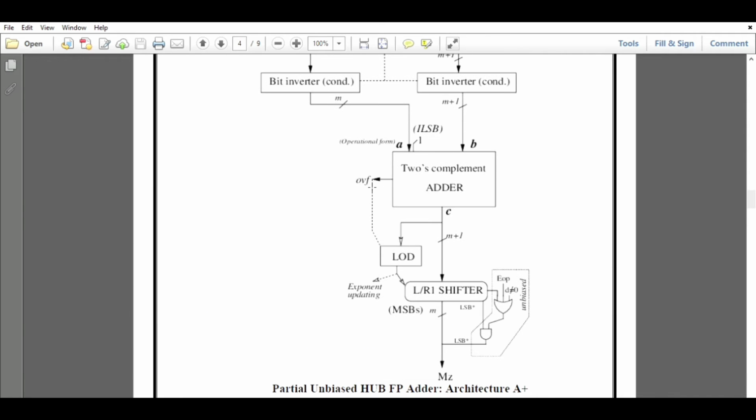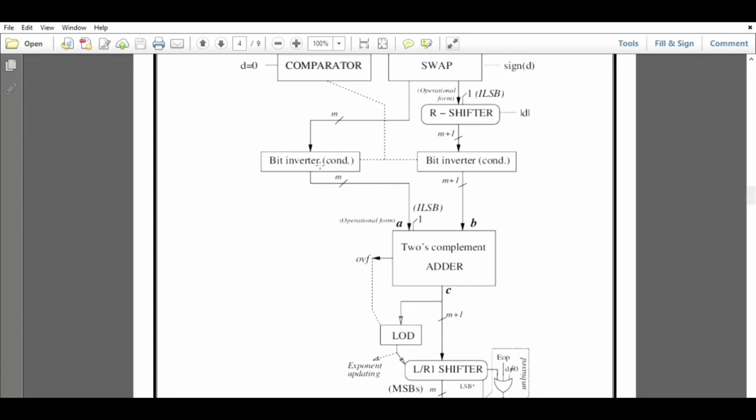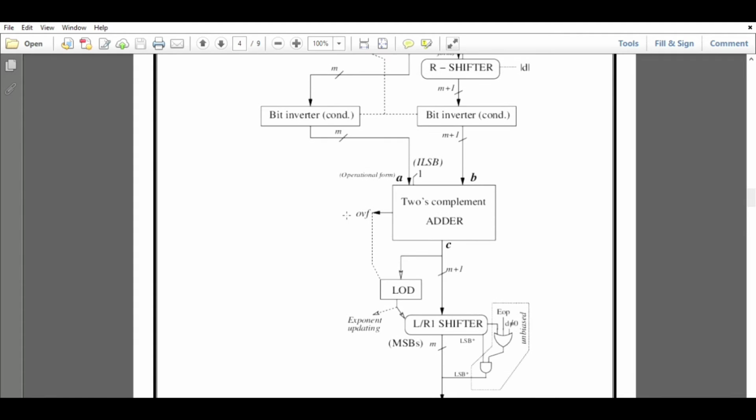Coming to architecture A+, it only prevents the bias due to one of the sources, aligned addition. The way to solve the situation is described in this picture.